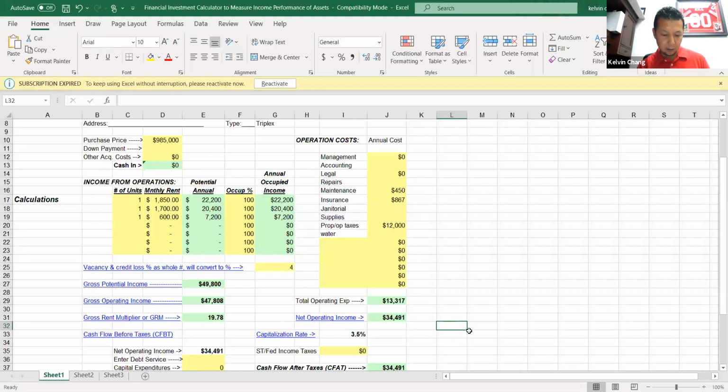So I could use 0.35, okay? And that gives me a price of 985,000, which is my asking price. If I wanted to use a higher cap rate at 4%, that'll bring me to around an $862,000 sales price.